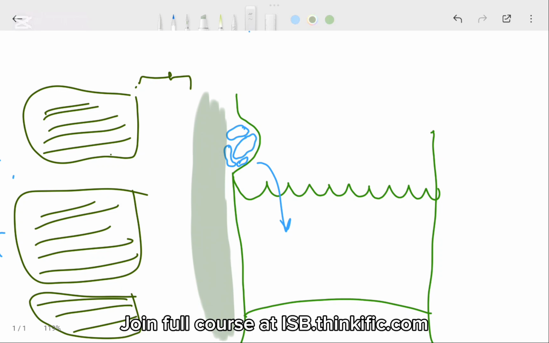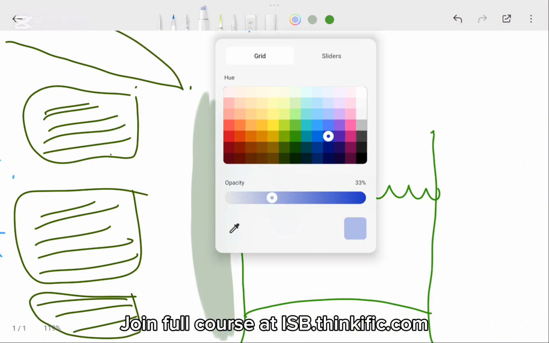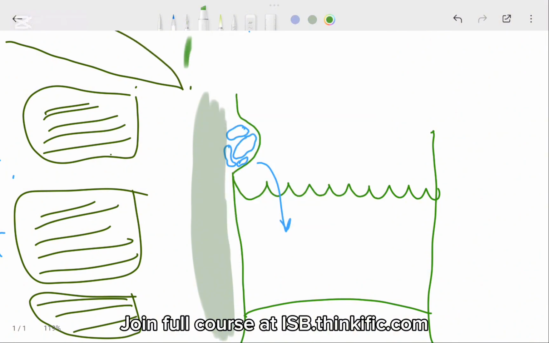We said that levator ani comes like this, and the outer longitudinal muscle of the rectum continues down into the intersphincteric plane, joins some fibers from levator ani and forms the conjoint longitudinal muscle. Now this descends into the intersphincteric plane.